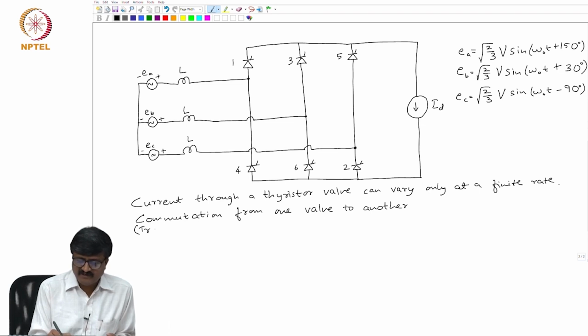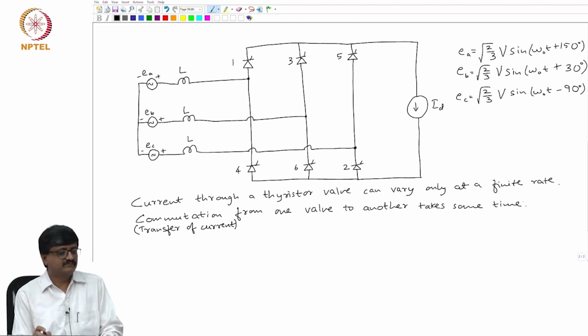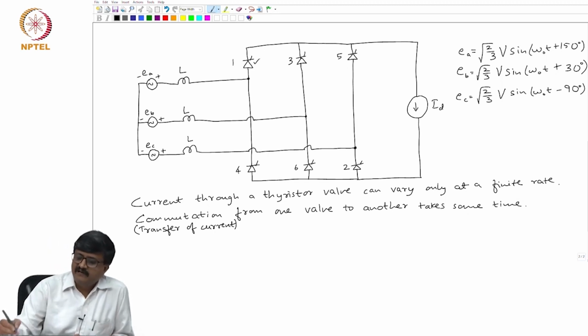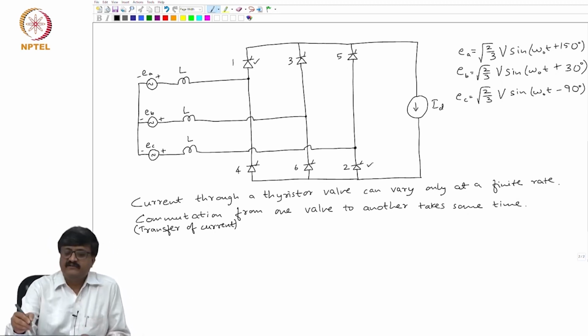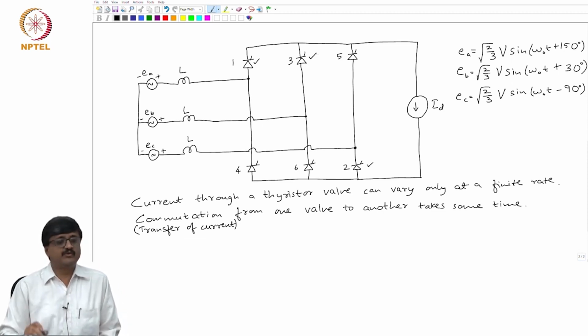Commutation means transfer of current from one valve to another takes some time. Just now I said, suppose valve 1 and valve 2 are conducting. If valve 3 is turned on, current won't get transferred to valve 3 immediately. So, it takes some time.